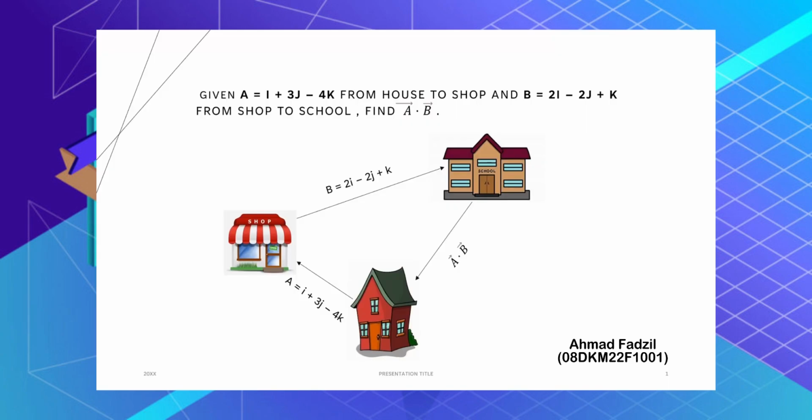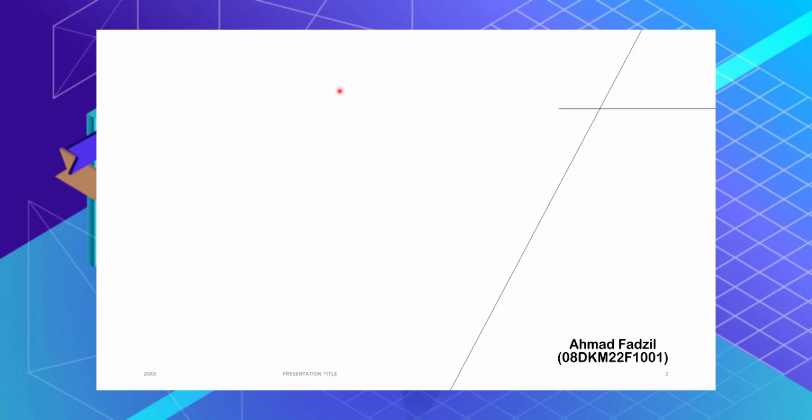Okay, let's look at this question. This question is about scalar dot product. Given A, i plus 3j minus 4k from house to shop, and B, 2i minus 2j plus k from shop to school. And we need to find the scalar dot product of A and B. Then we list out the information given. And to find the scalar dot product, we need to write like this.